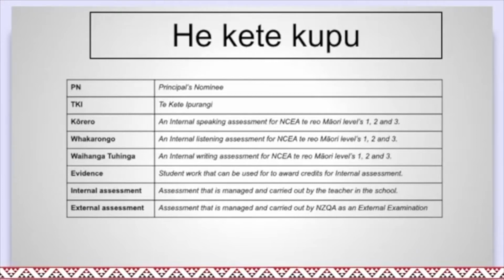So that can just be any assessment for levels 1, 2 or 3 for Te Reo Māori, and it's obviously the internal one because that's all there is. Evidence, when we talk about evidence, we're just talking about the work that the student submits that can be used to award credits for, or be given credits for. Internal assessment, and we don't really touch on external assessment, but we just thought we'd put that in.